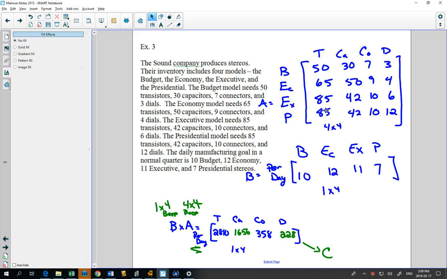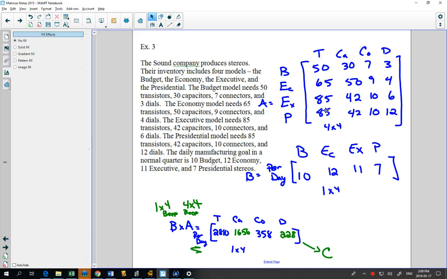And then you'll get the right answer. And our answer is per day how many transistors, capacitors, connectors, and dials are needed.